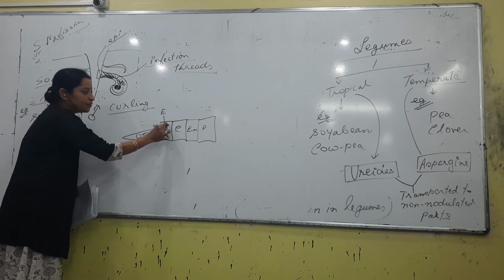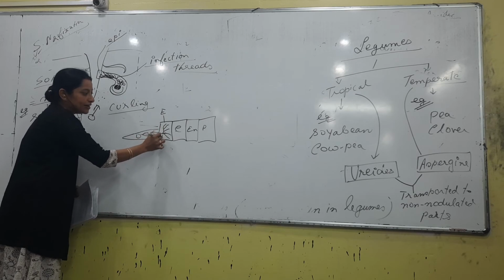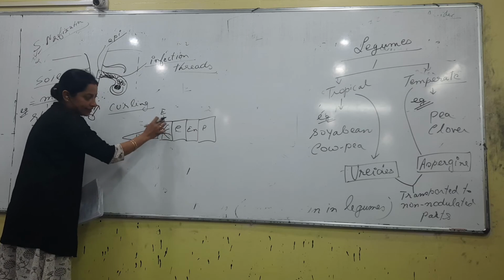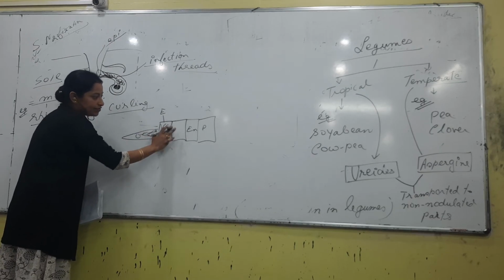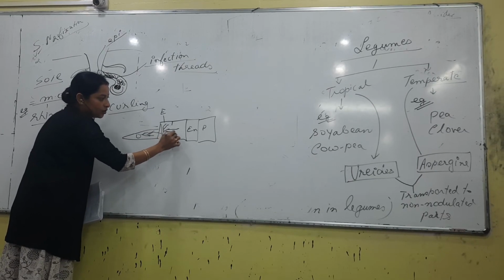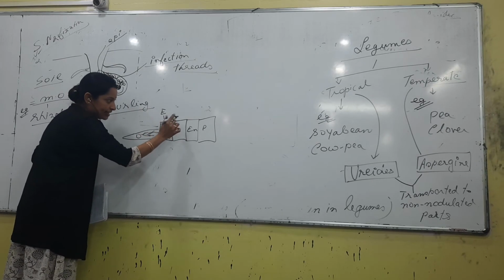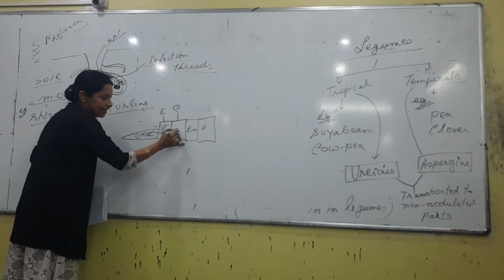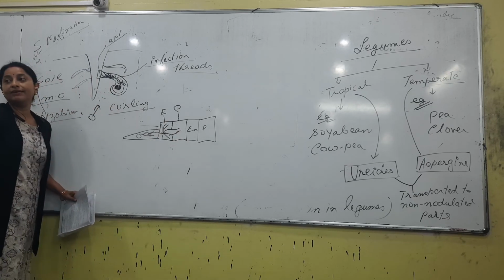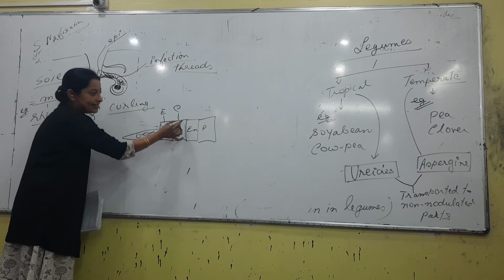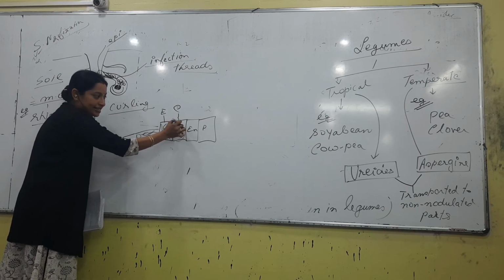It will further grow. The infection threads will keep on going, right? After entering, after capturing this, it penetrates the cortex. Once it reaches the cortex, the bacteria does not divide anymore. Okay? Now this bacteria takes up the mechanism of this cell.